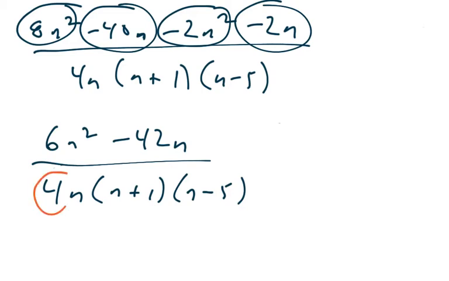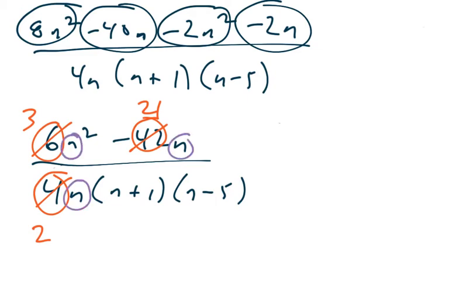Notice, guys, that this and this are all even numbers, right? So, let's reduce by 2. That becomes a 3. That becomes a 2. That becomes a 21. Did you also notice that and that all have an n in them?